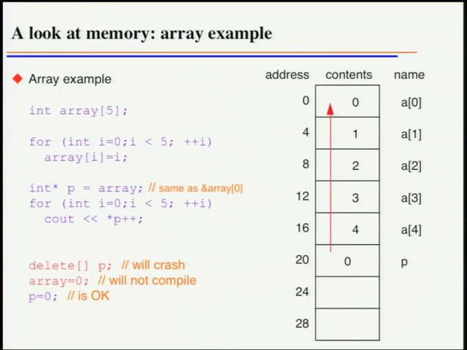We have statically allocated this array with 5 elements. So A0 is just an alias for this memory location. A1 is then the next element, and so on.